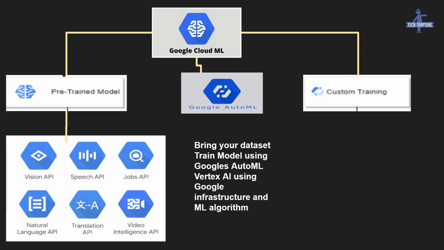Then we have a natural language API. This NLP API is used, just take an example, when you are giving a lot of reviews on any e-commerce website. You bought something on Amazon and you give a review, okay, this product is not good or you are not happy.